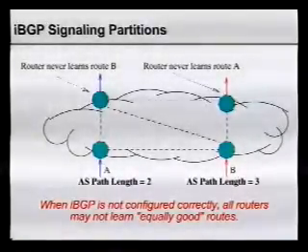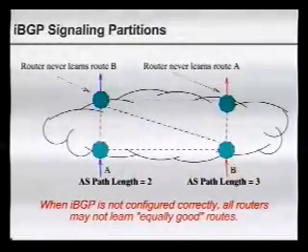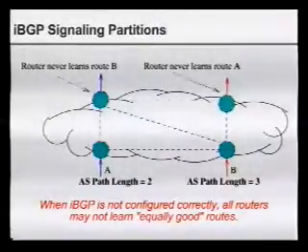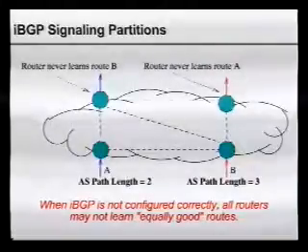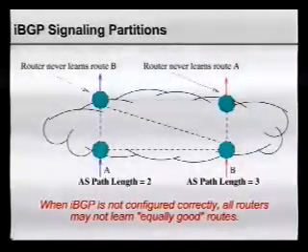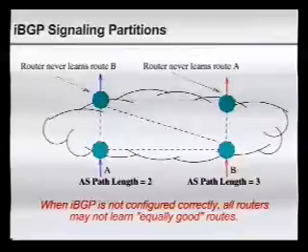The router on the upper right is going to advertise a route with an AS path length of 3. And now, even though that neighbor is going to hear routes at both of those peering points, it's going to hear things that are inconsistent, i.e. they have different AS path lengths.